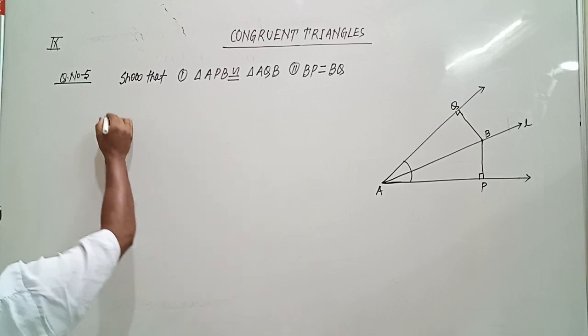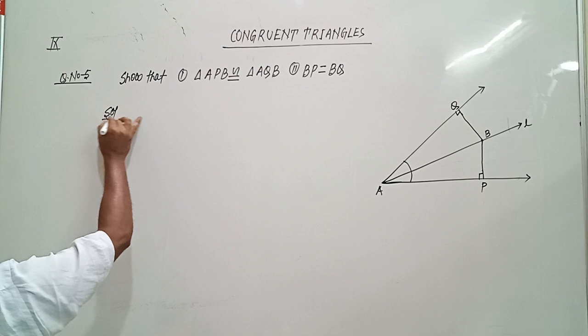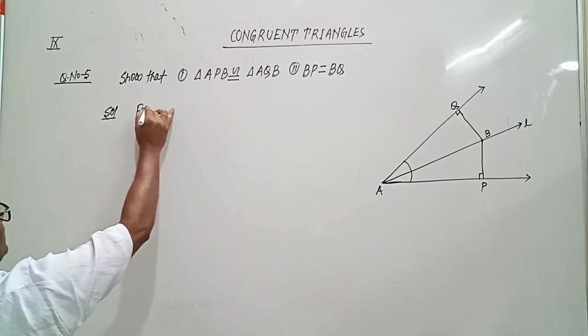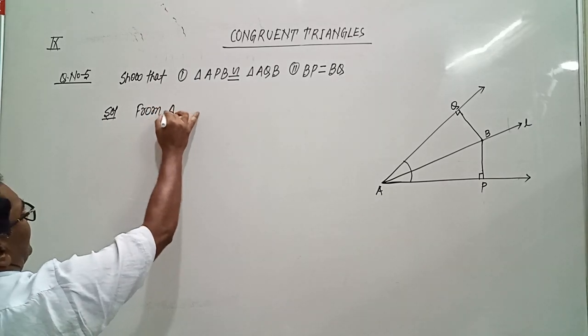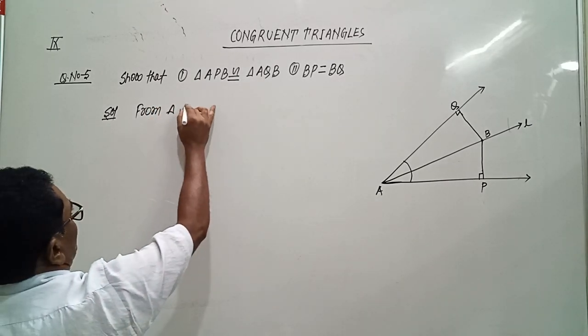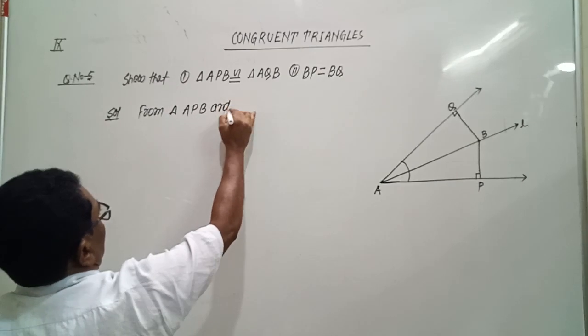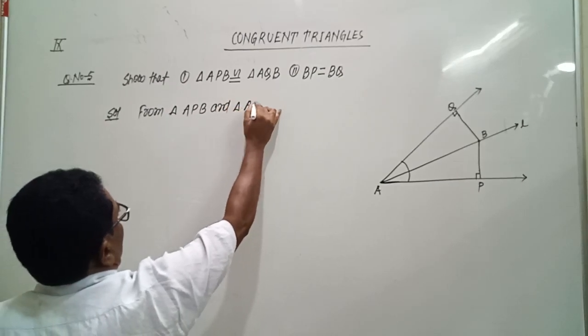So we take two triangles, triangle APB and triangle AQB.